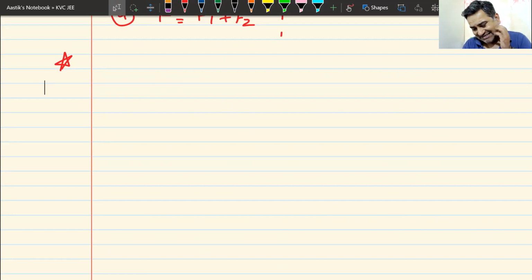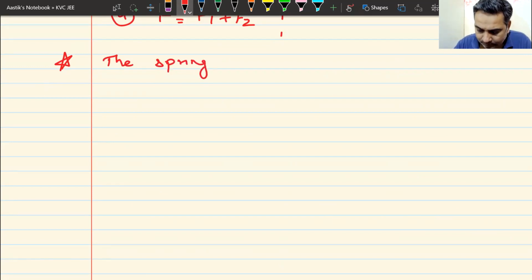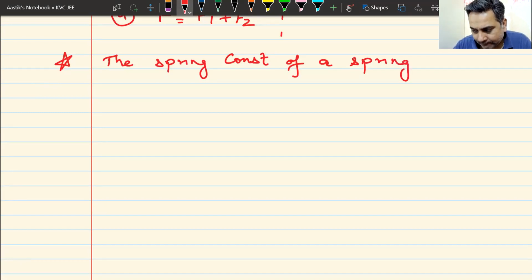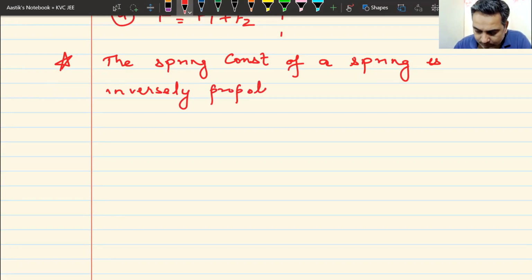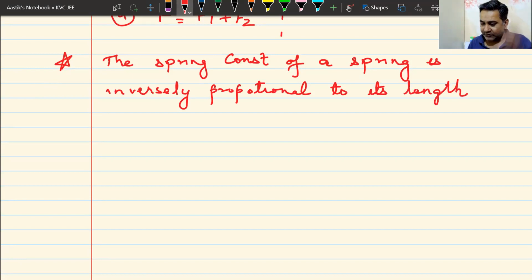So the point is like this. The spring constant of a spring is inversely proportional to its length.